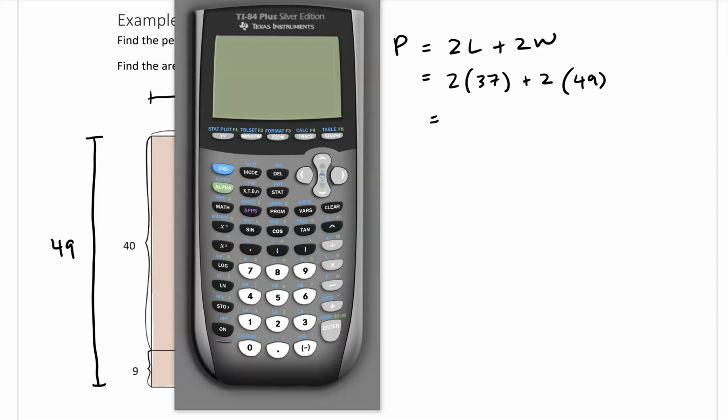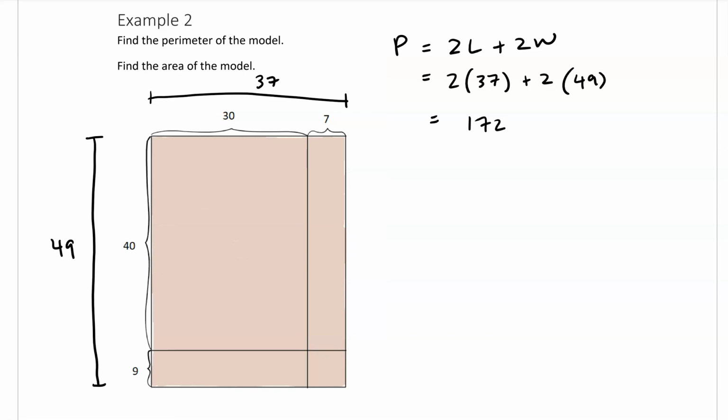And so our handy dandy calculator says we have 2 times 37 plus 2 times 49, and we get 172 units. So that is our perimeter, and we also want to find the area.